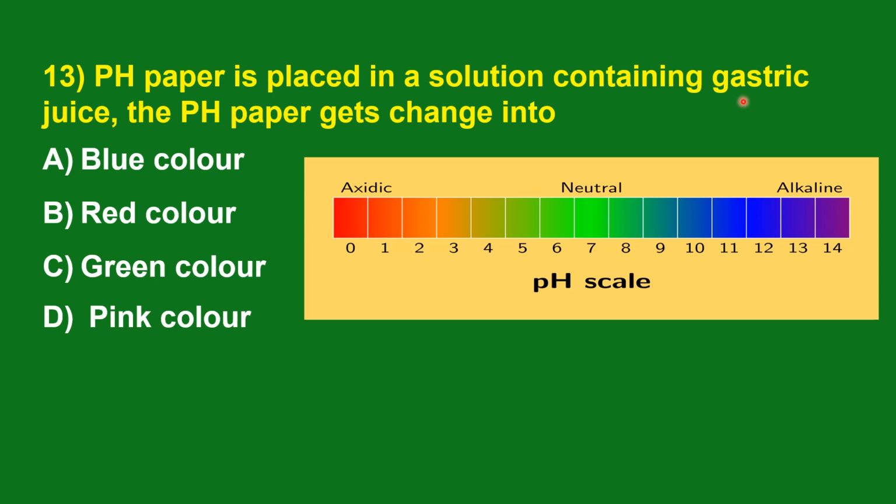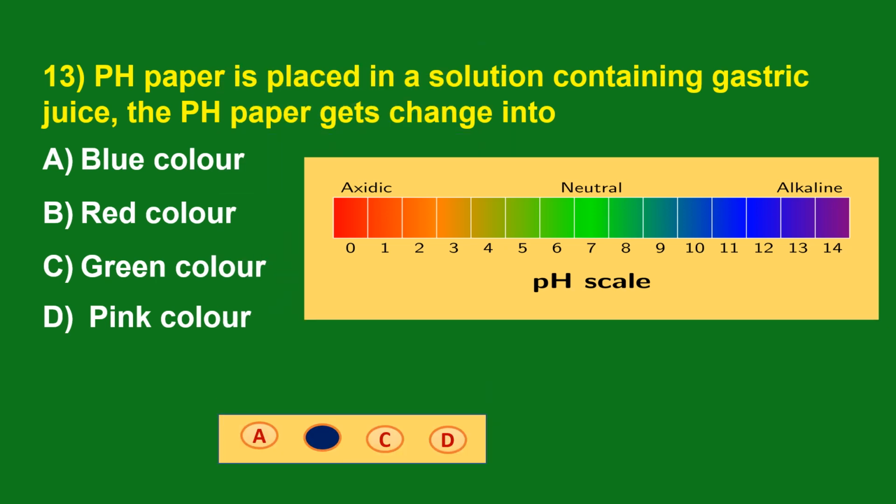That means its pH value is almost 2. So now you observe the pH paper. This is the pH value 2, the hydrochloric acid present in the gastric juice. Its color is almost red. So out of the four options, red is the most appropriate. That's why option B is the right answer.